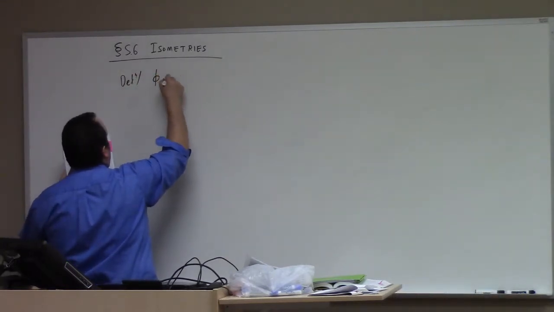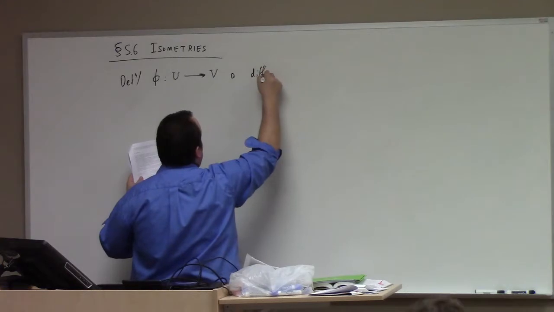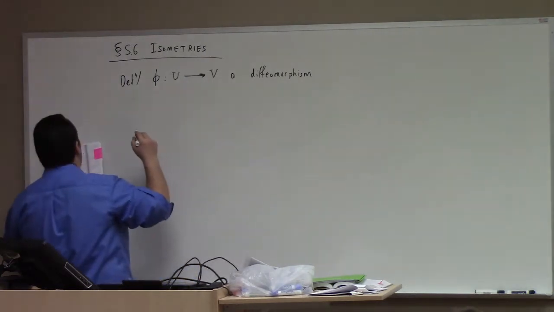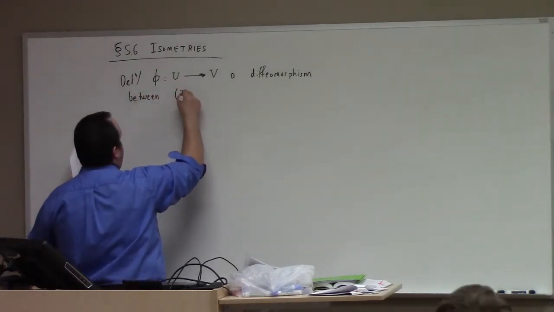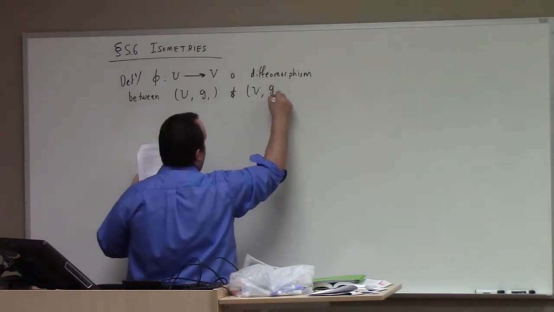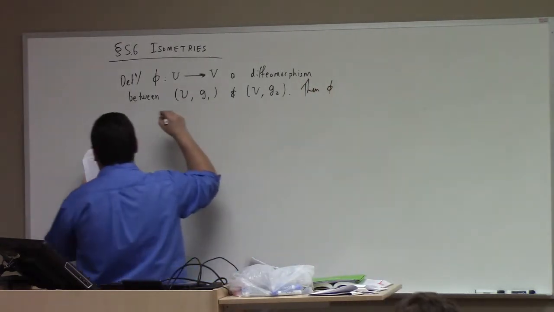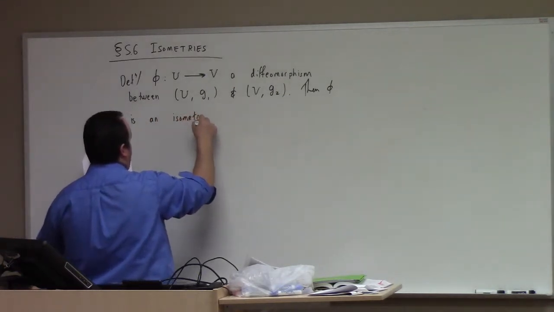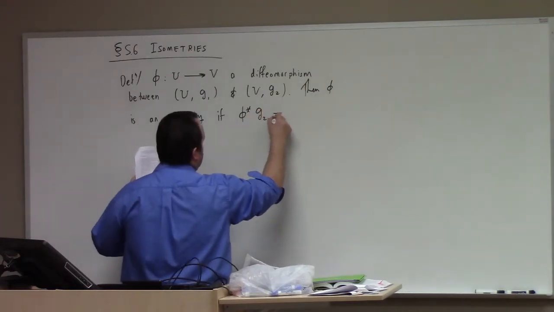If you have phi from U to V, a diffeomorphism, which means it's smooth with smooth inverse, and this is a diffeomorphism between two Riemannian spaces, so pair U with metric G1 and pair V with metric G2, then phi is an isometry if the pullback under phi of G2 is equal to G1.